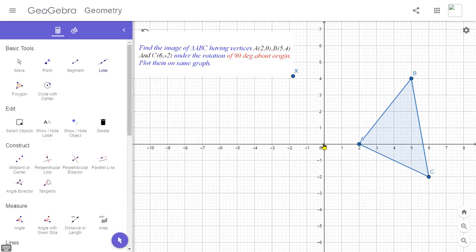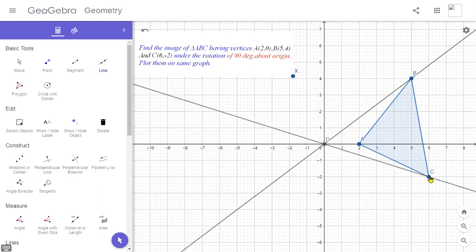Here we have made the line that passes through the center of rotation and the vertex A. Let me take the vertex B, and construct a line that passes through the center of rotation and the vertex B. Doing the same thing for the vertex C also.